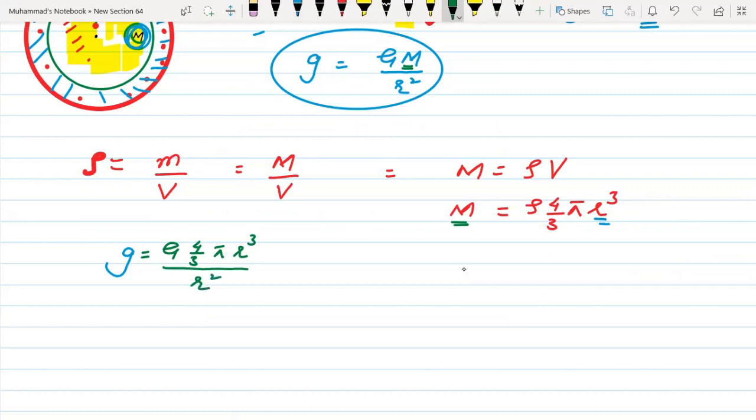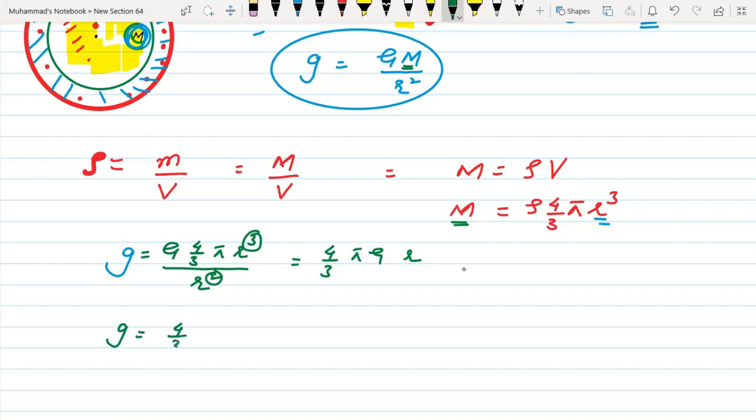Now you can see I have converted the expression of g into a single variable, that is r. And if I simplify this r cube over r square, I will get 4 by 3 pi rho G r.